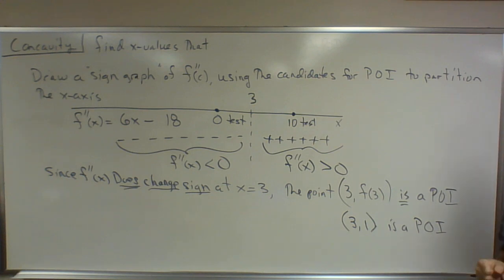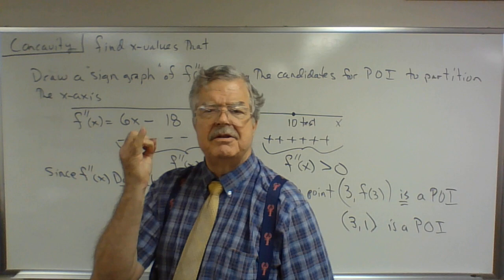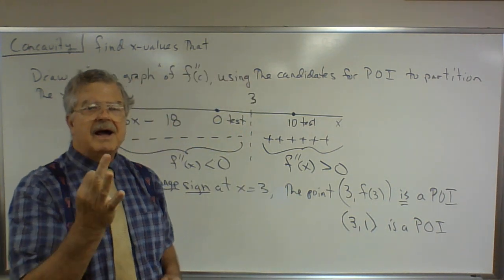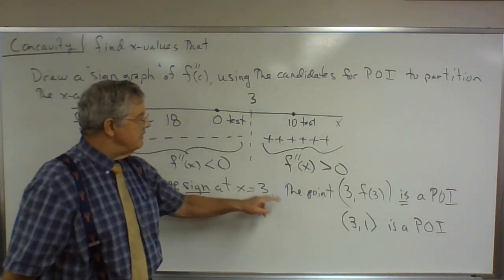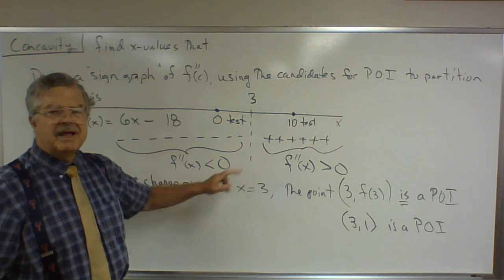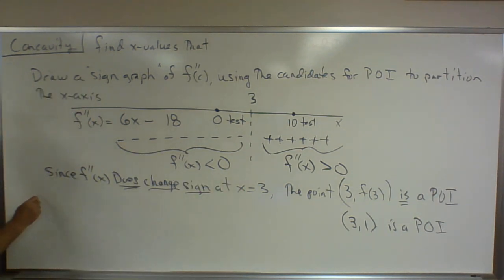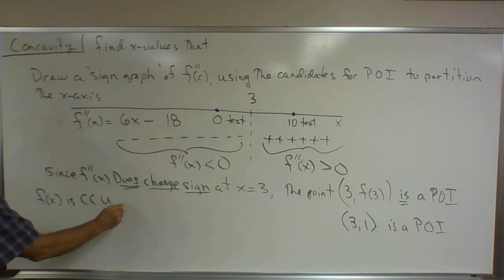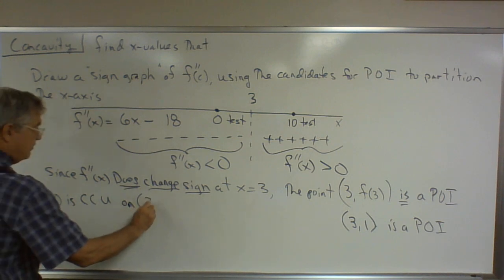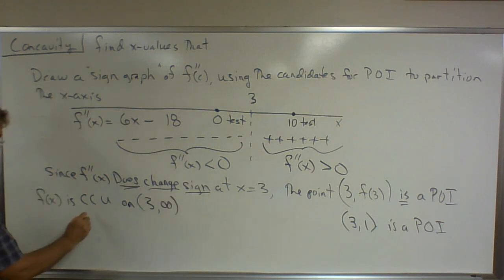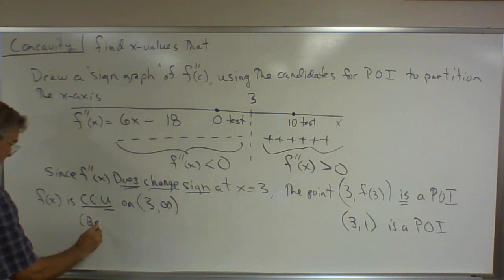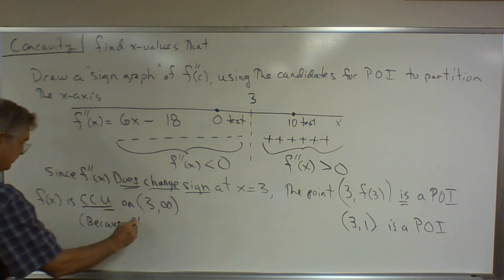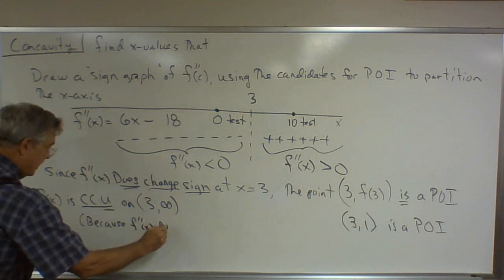Let's see. We have increasing, decreasing, max, min, concavity. Oops, I said something about the point of inflection, but I didn't really say anything about concavity here. Okay. f of x is concave up on the interval from 3 to infinity because the second derivative is positive.